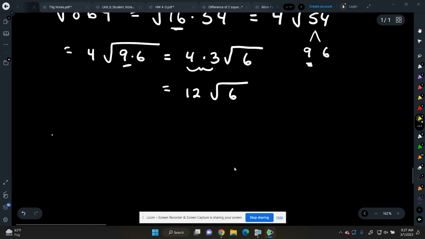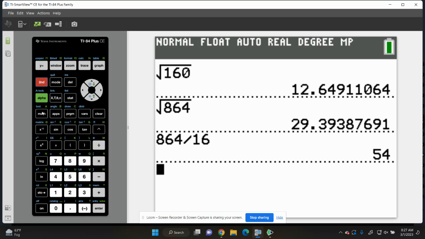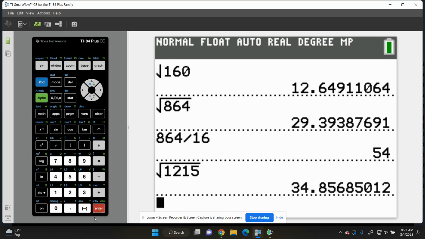Okay, how about the square root of 1,215? First we're going to check to see if it is a perfect square. So we'll take the square root of 1,215, and it's not a perfect square because I got decimals there.